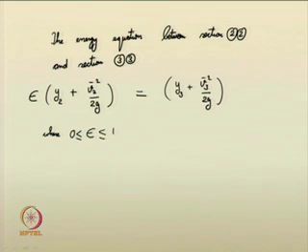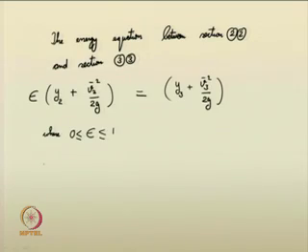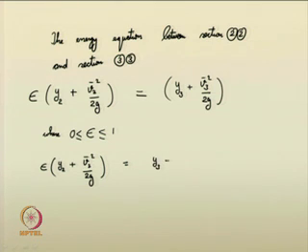If I write it now in the following form, you can further simplify using the continuity equation, as we have developed in terms of the Froude number. Epsilon times (y2 plus V2 squared by 2g) is equal to y3 plus V3 squared by 2g.